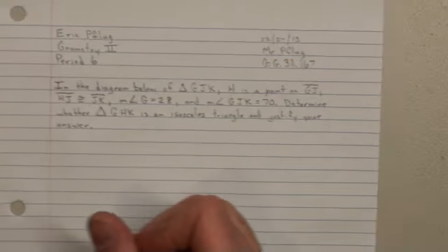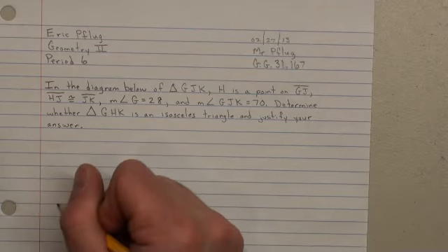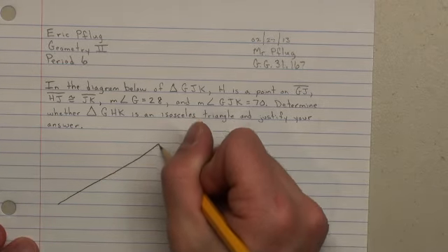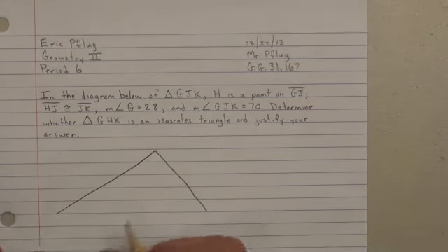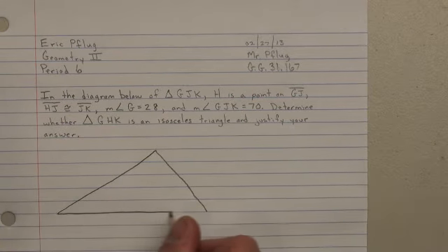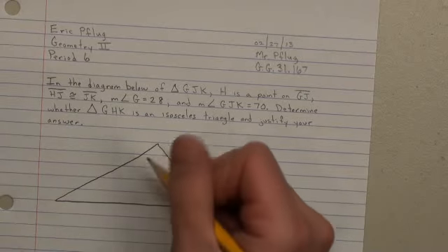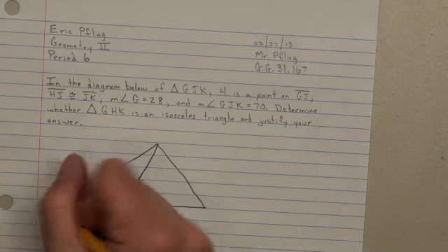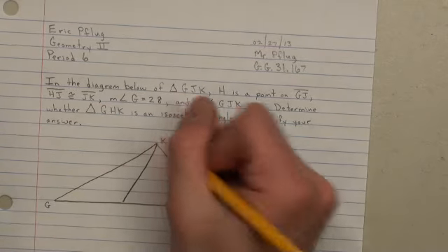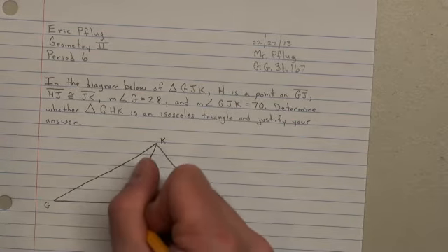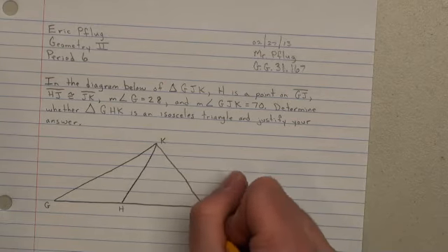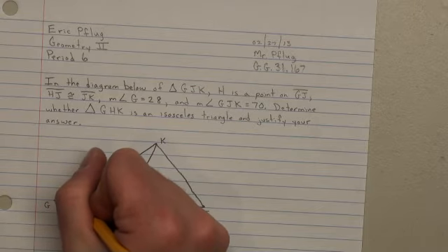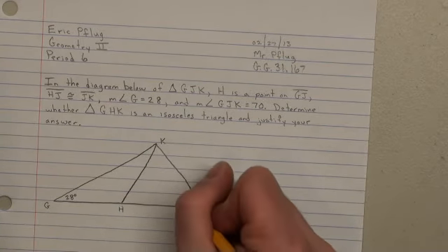And it gives us a picture that looks like this. Okay, and it has G, K, H, and J. And the 28 is labeled for us, and so is the 70.